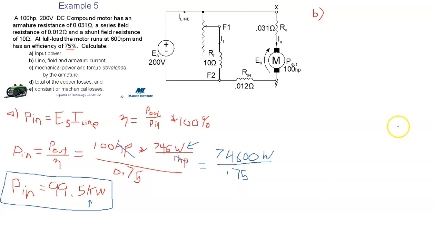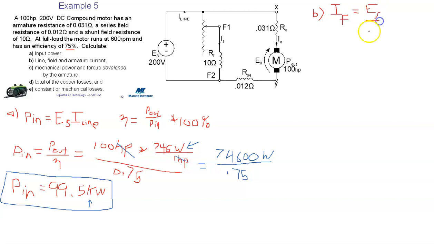Now, part B, we think about circuit analysis. We have this formula here, P in equals ES times I line. We can start off with IF, which generally comes from the equivalent circuit, because we have the source voltage across the shunt circuit here, and that's pretty much all the time. That calculation hardly ever changes.